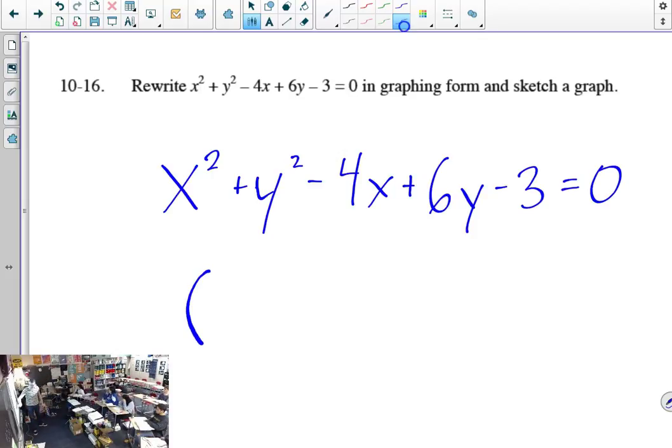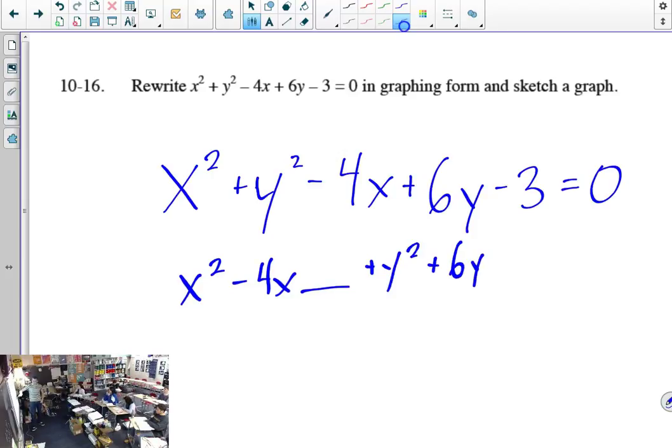Actually, I'm skipping a step. We rearrange this. We have x squared minus 4x and then y squared something. I'm not going to color code this one as intensely. If I just want to toss it somewhere for now, it doesn't matter if I keep my 3 over here and move it, because remember it's the same equation.